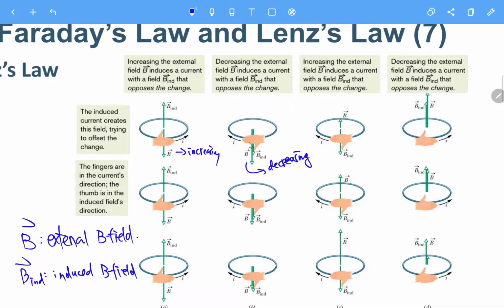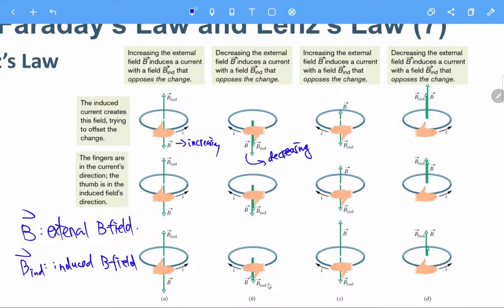Using the right-hand rule, you can determine that the current is clockwise. So we have a counterclockwise here, and then here we have a clockwise.